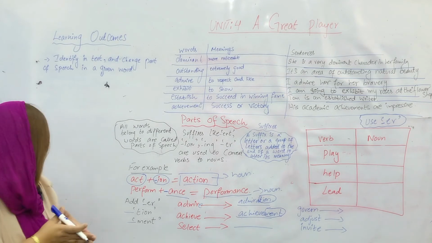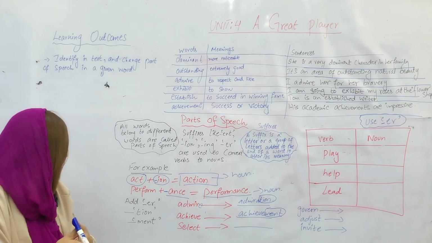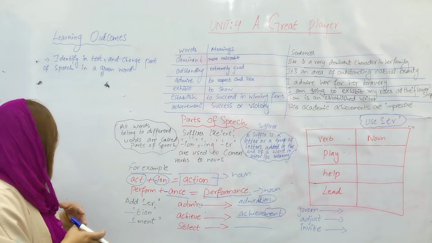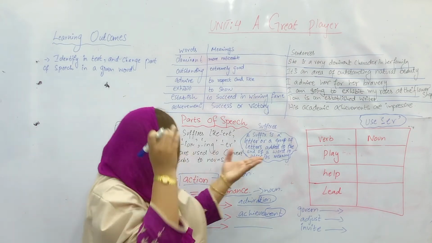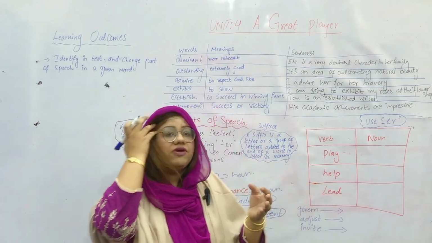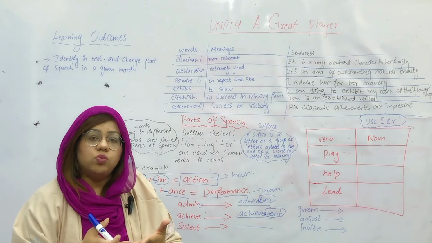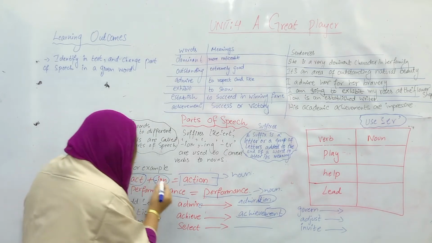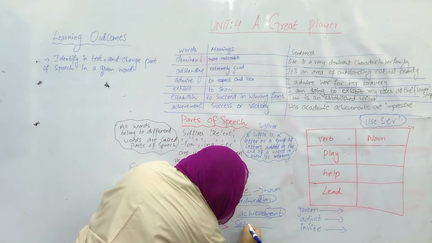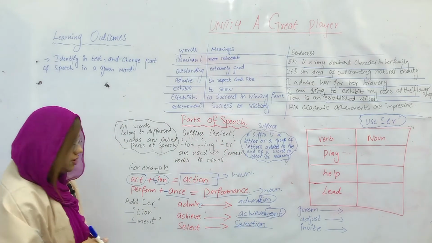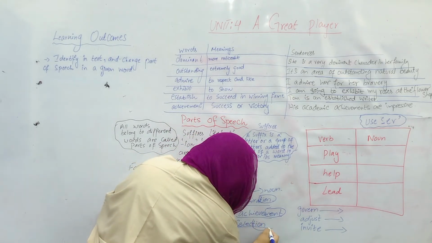Some words use er to change their meaning, some words use tion, and some words use ment, suffixes to change or alter the meaning of any verb. Select. Use of tion, that is called selection.